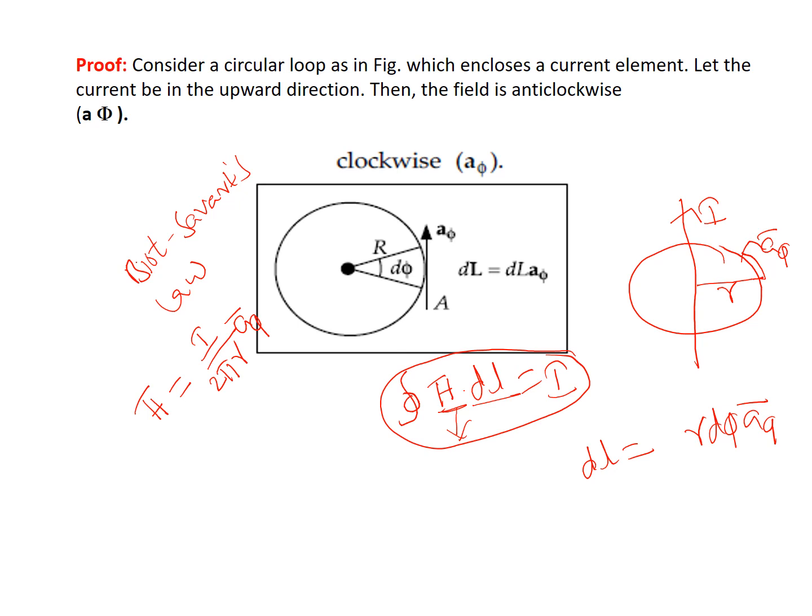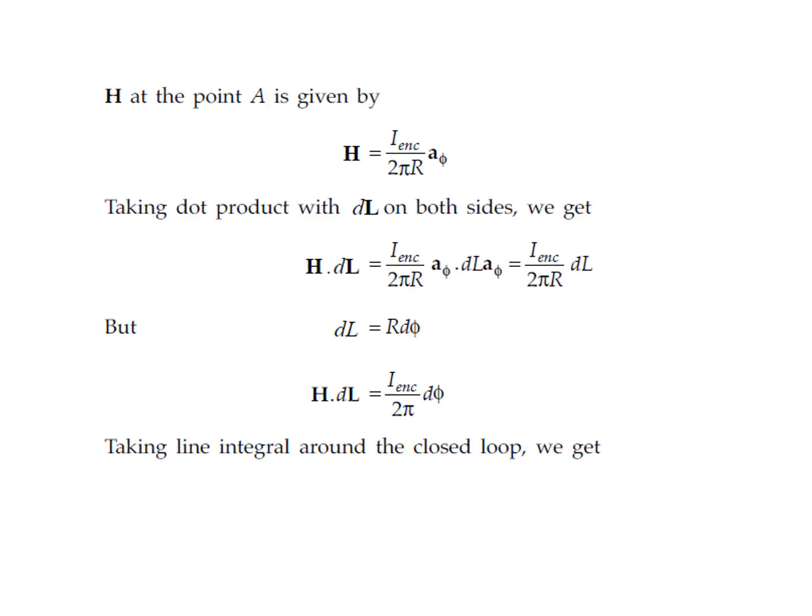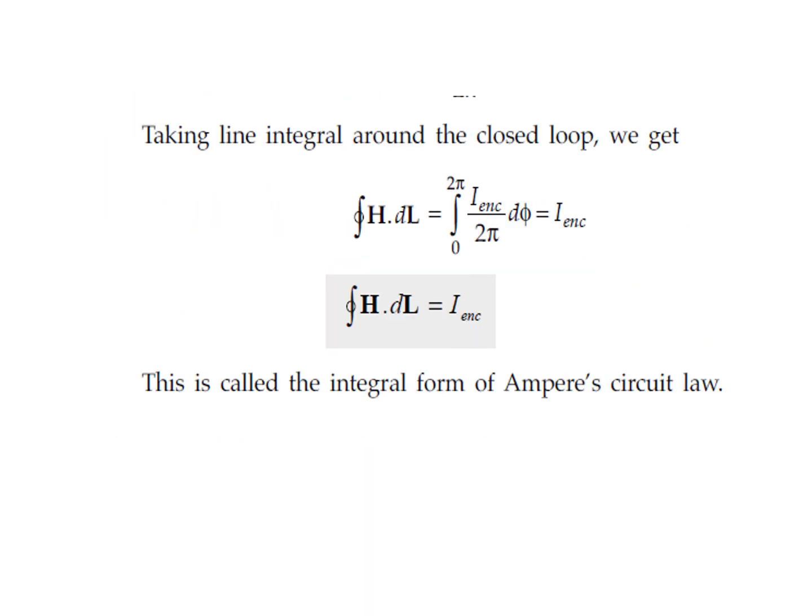Then I substitute dl and H in the mathematical expression of Ampere circuit law, and I can prove that the line integral of H bar dot dl equals I. Next, here it is I by 2 pi times upper limit minus lower limit, which is 2 pi.